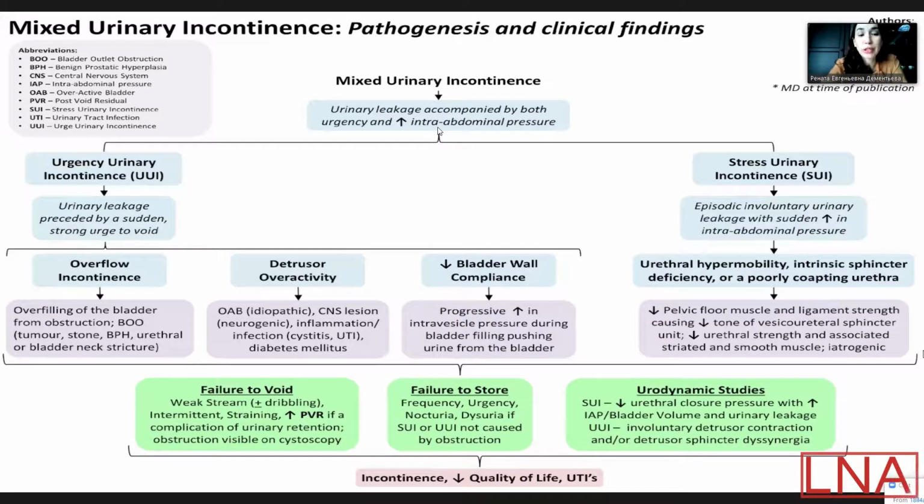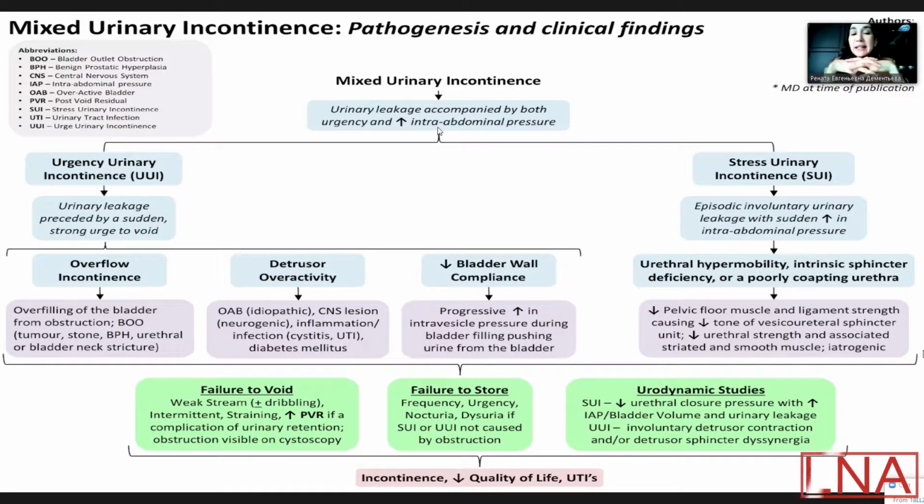Next problem, detrusor overactivity. It can be overactive bladder, it can be an idiopathic problem, or it can be due to a central nervous system lesion, for example, a neurogenic problem with the innervation of the urine bladder. Inflammation or infection in case of cystitis, in case of urinary tract infections, and diabetes mellitus as a predisposing factor for inflammation.